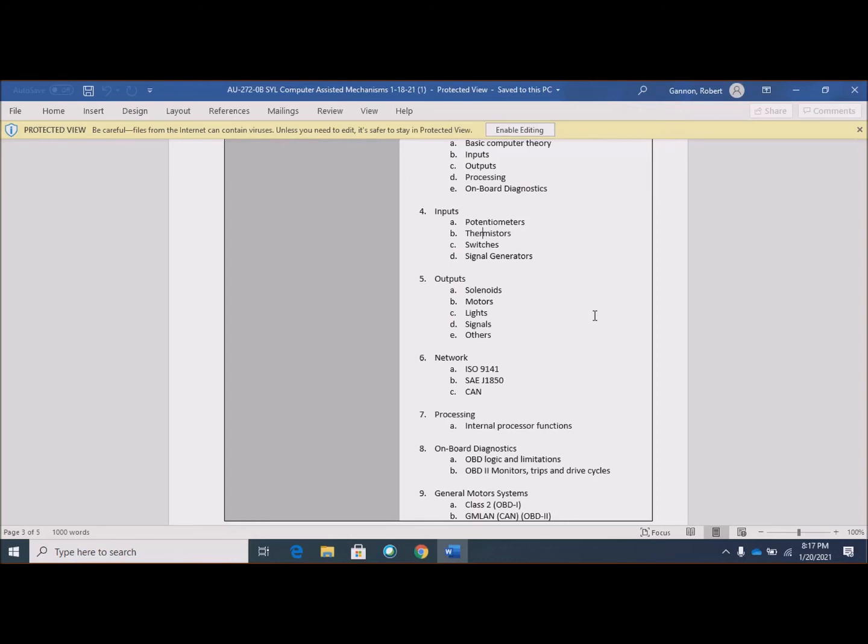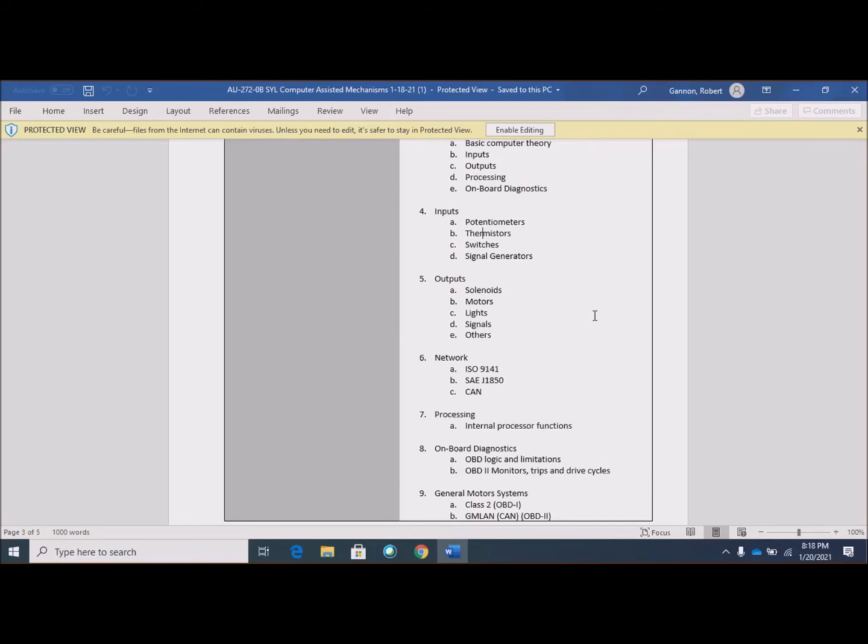And then signal generators: vehicle speed sensor, crankshaft position sensor, camshaft position sensor. These are things that generate signals that can give all kinds of information to the computer. Outputs, this is almost a complete list. Solenoids, motors, lights, signals, others.